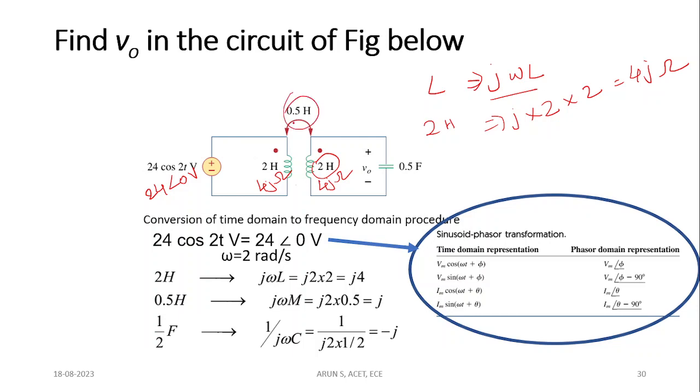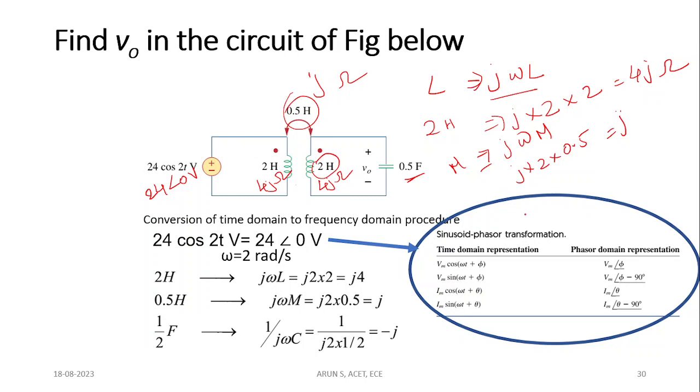What about 0.5 Henry? M is written as j omega M. j times omega, which is 2, times M, which is 0.5. Since 0.5 is 1 by 2, we get j. So instead of this I can write j ohm; the coefficient of j is 1. Next, we need to write for 0.5 farad.